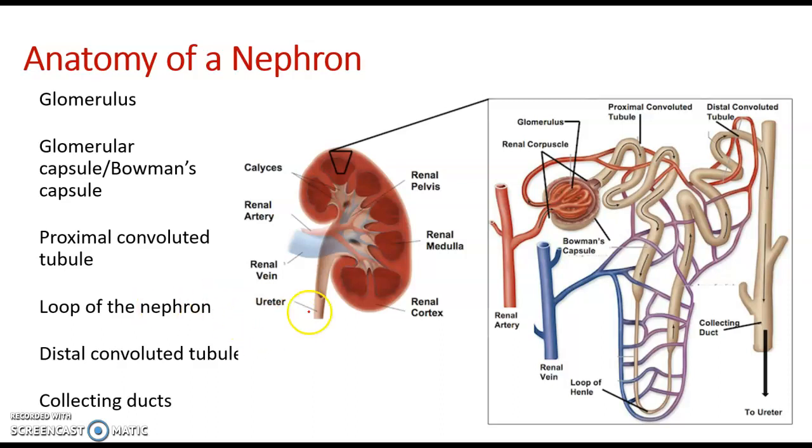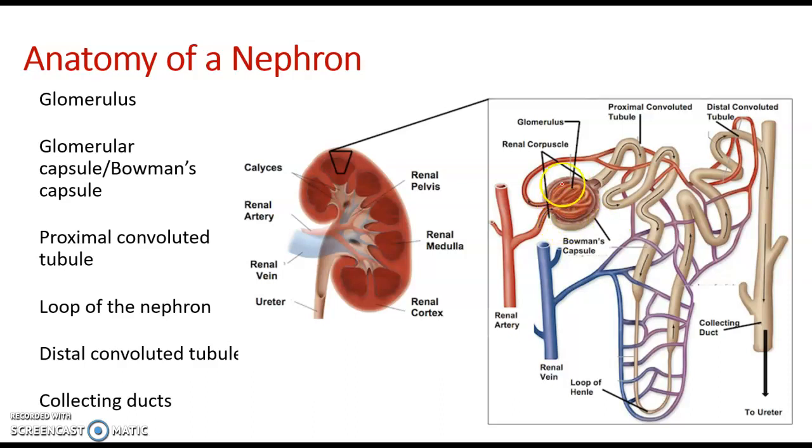So blood is going to enter the kidney, coming away from the heart, right, through the renal artery. And for every single nephron, of which we have millions, it's going to have this glomerular capsule, or Bowman's capsule.